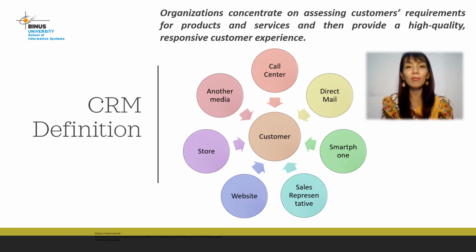So we have several customer touch points here. For example, when the customer interacts with our company by using our website or our application, or even goes to the store to buy our product. Nowadays, because of the COVID-19 pandemic, they prefer to buy something online rather than go to the store. So basically we can analyze the behavior of the customer.